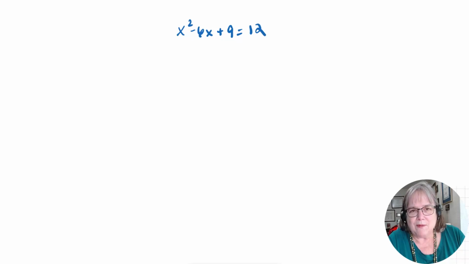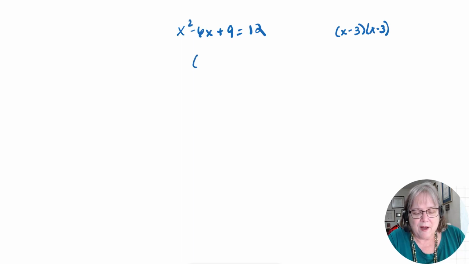You'd ask, what multiplies to 9 and adds to negative 6, since it has a lead coefficient of 1? That would be x minus 3 times x minus 3, correct?